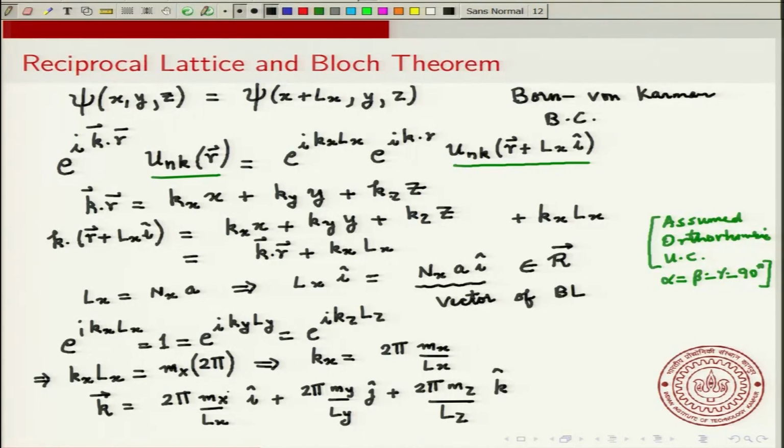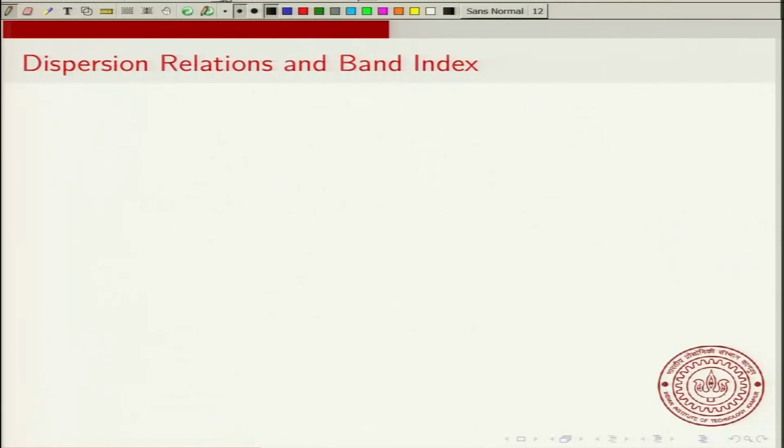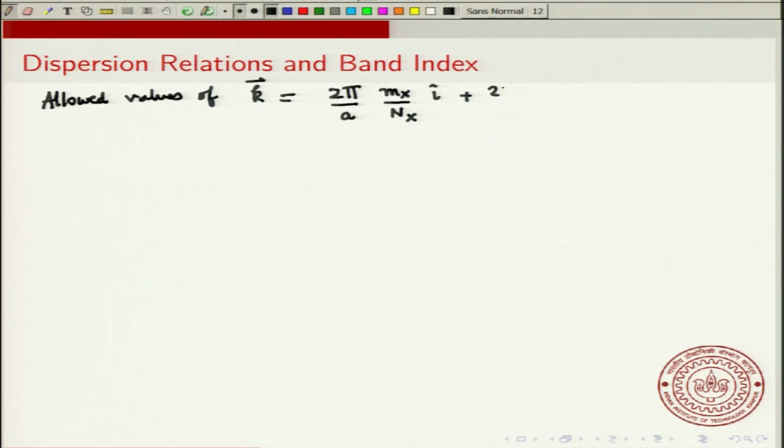So what you would expect is that the allowed values of k are basically 2 pi, if I write it as mx by nx, 2 pi divided by a, by b, mx or a1, a2, a3.